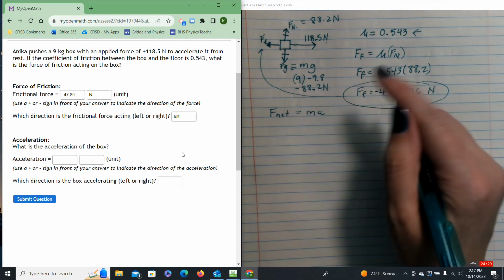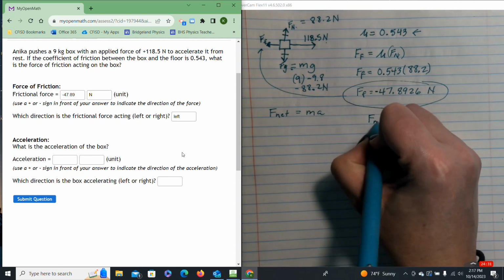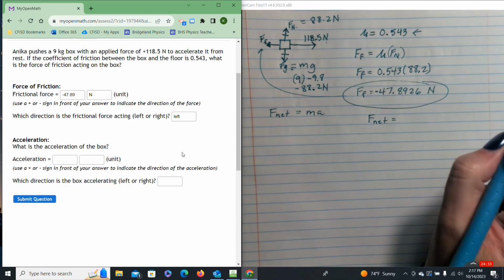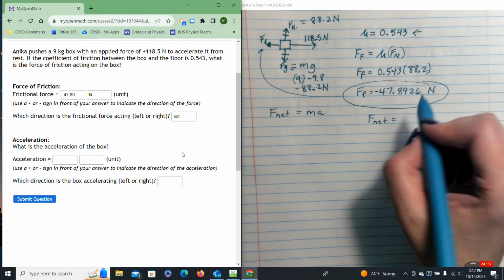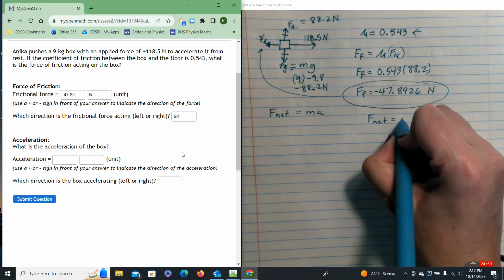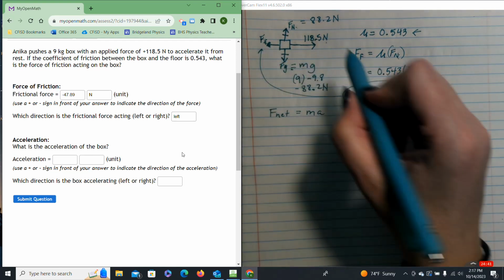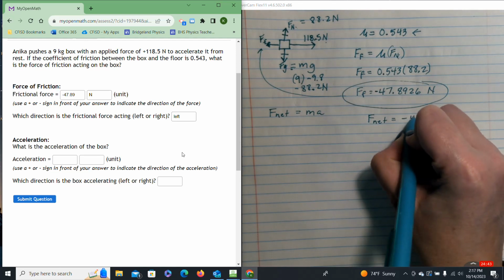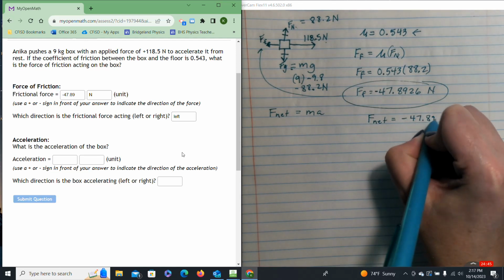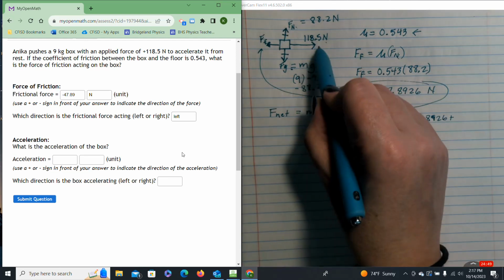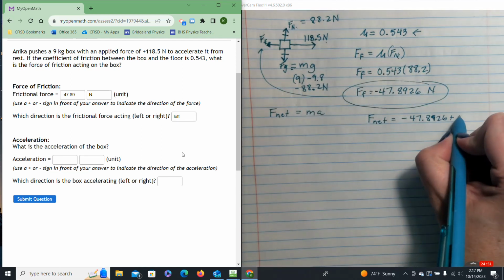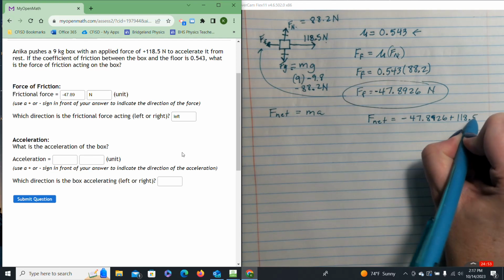So before we can actually use this equation, let's go ahead and solve for what our net force is. Again, net force is the sum of my forces, keeping in mind that forces are vectors. Force of friction is my only force going to the left. It is negative 47.8926. And we're going to add to that my force to the right. I only have one, 118.5.